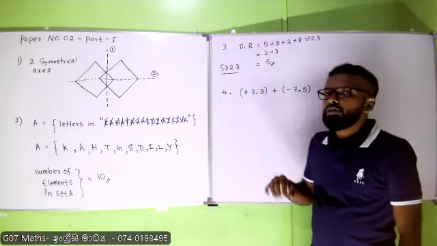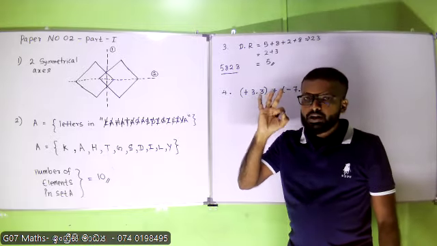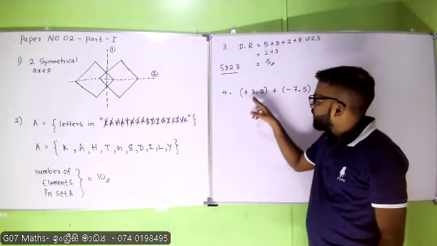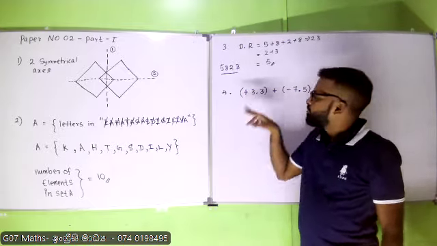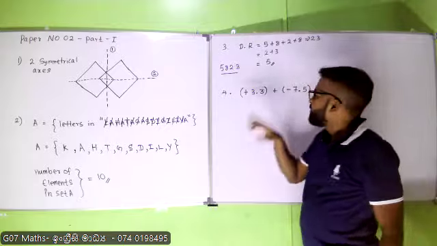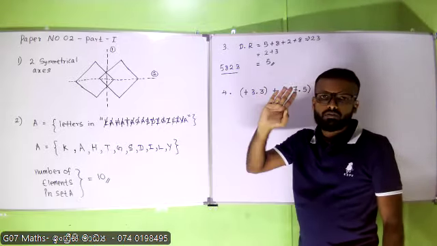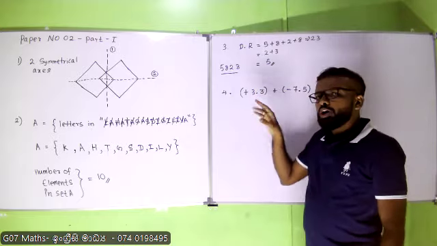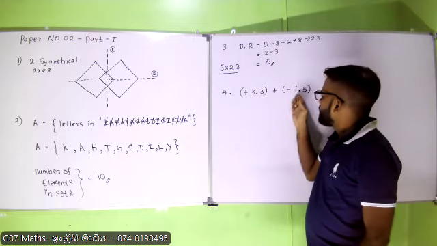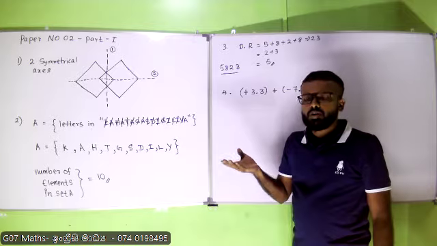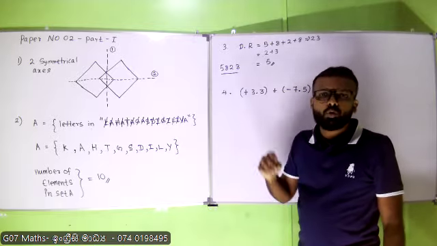First step, forget the signs. Positive sign, forget it. Negative sign, forget it. Now only you have 3.3 and 7.5.